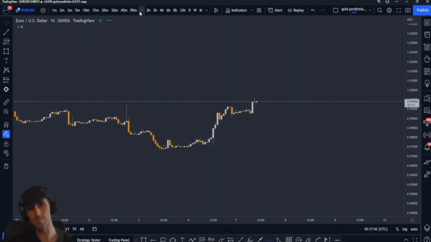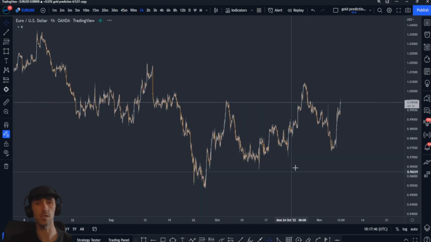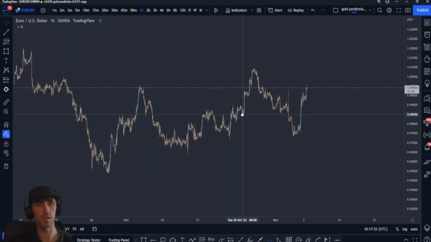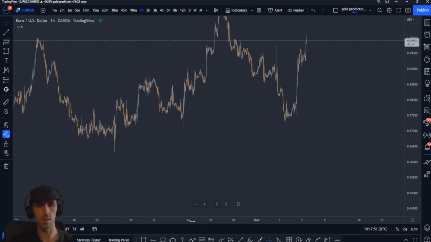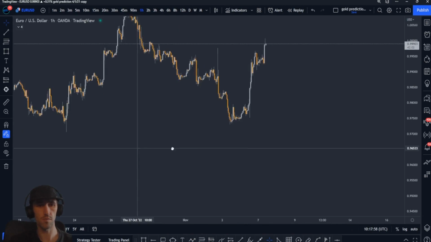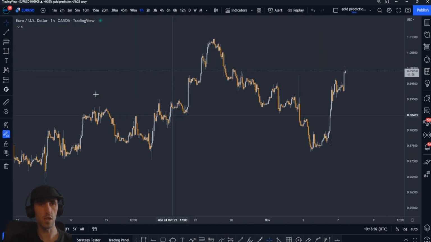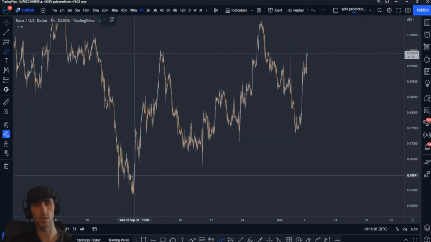So if we look at this now on the hourly, you can now already start to see why it looks very different. From the daily to the hourly, we have a very different looking price. Now you can see here across the days, the dates across the bottom show you how long these periods are. But a great example is we can clearly see that this is an upwards trend, and we spoke about this on the daily.